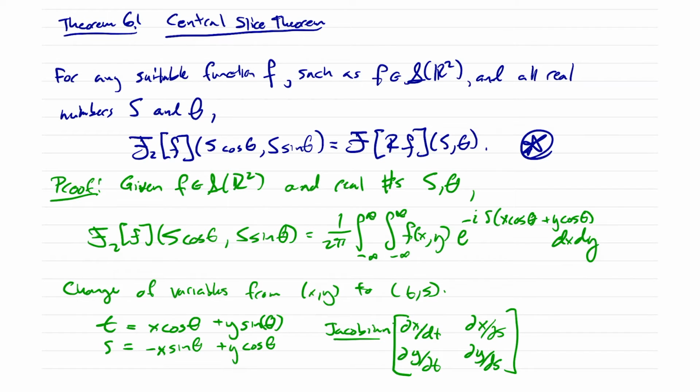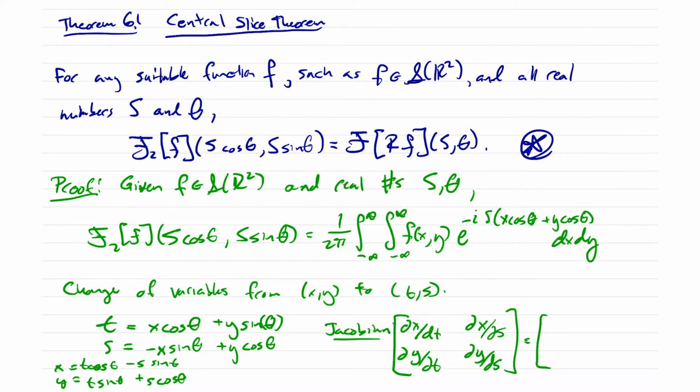Those are all supposed to be partial derivatives, but you get the idea. It helps to write the inverses: x is equal to t cosine of theta minus s sine of theta, and y is equal to t sine of theta plus s cosine of theta.